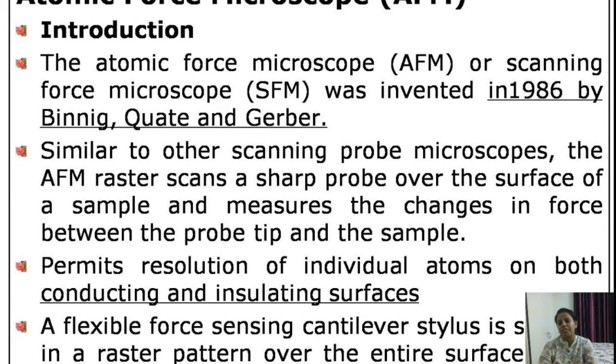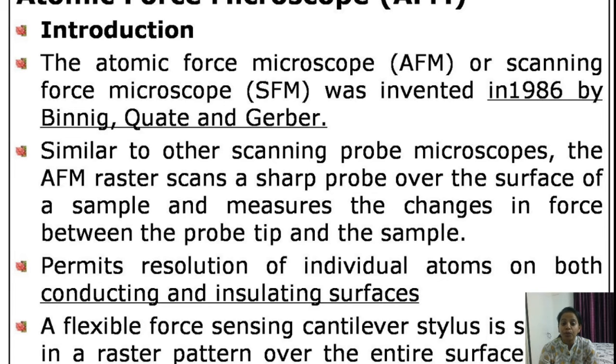Now, what is AFM? Atomic force microscopy, or scanning force microscopy, was invented in 1986 by Binnig, Quate and Gerber, and is quite similar to the scanning probe microscope. The AFM raster scans a sharp probe over the surface of the sample and measures the changes in the force between the probe tip and the sample.